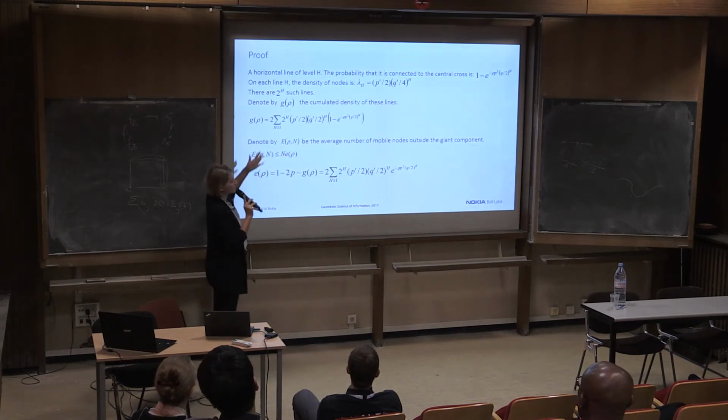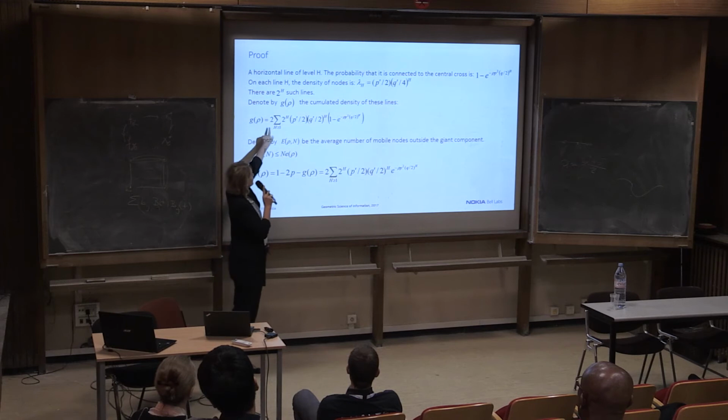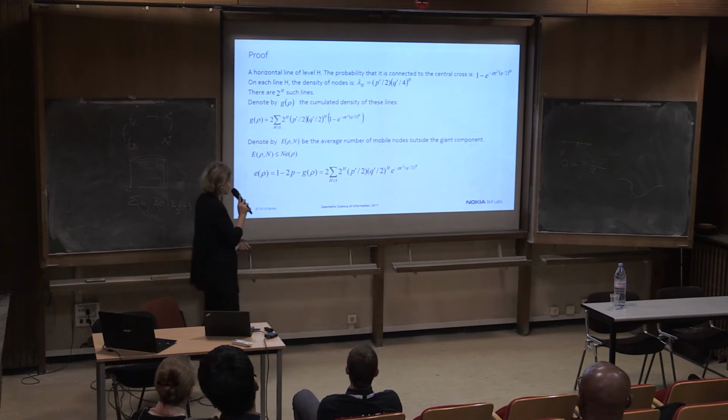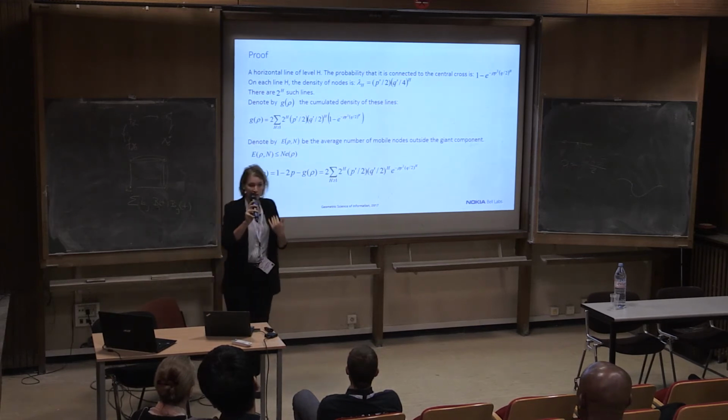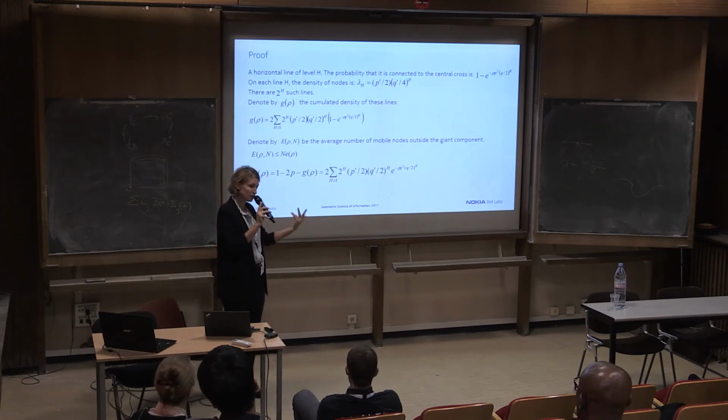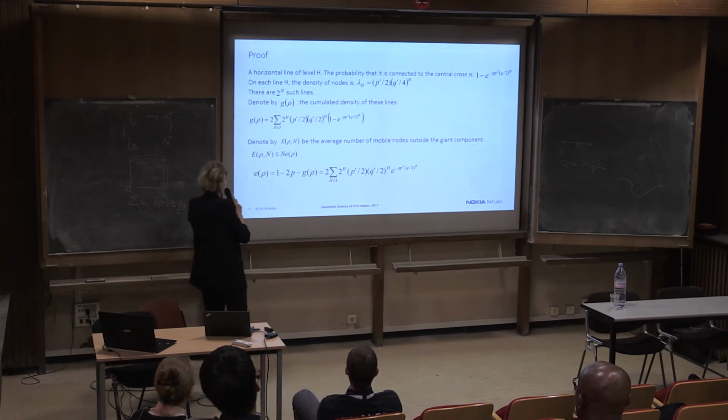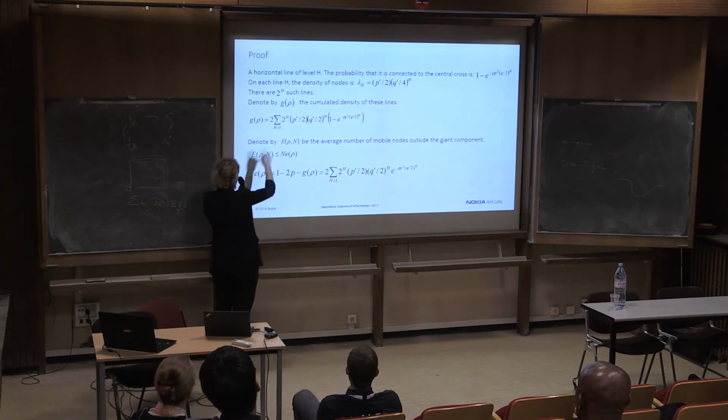Again, we've been talking about horizontal lines, but we have to take the vertical lines into consideration as well. Well, we said we are interested in the number of nodes outside the giant component. So in order to compute it, we're going to look at what we obtain by taking out this quantity.